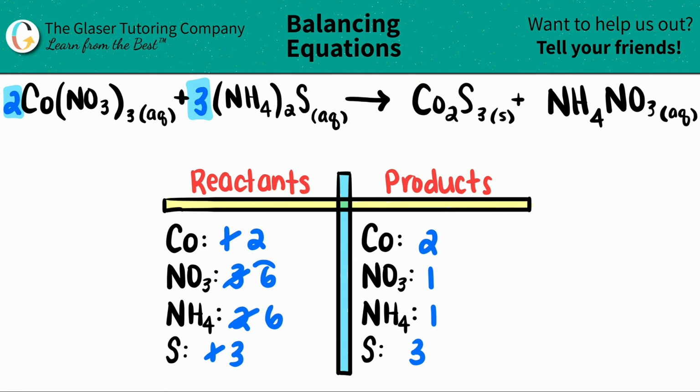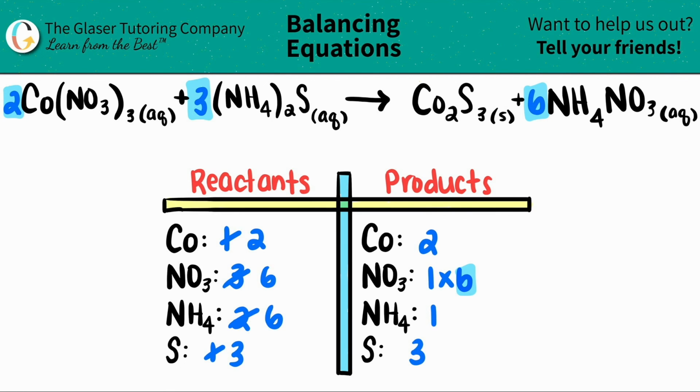Now the only things left are the ammoniums and the nitrates. But it looks like it's going to be pretty easy. I have 1 of each on one side and 6 on the other side. Let's just work with the nitrate, which is NO3. 1 times what will get me to 6? Yeah, 1 times 6. And that number goes in front of the compound, it's going to be a coefficient.